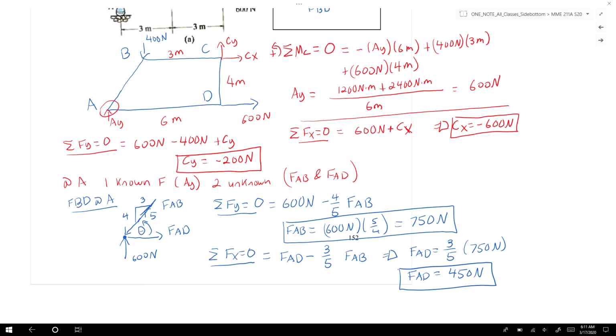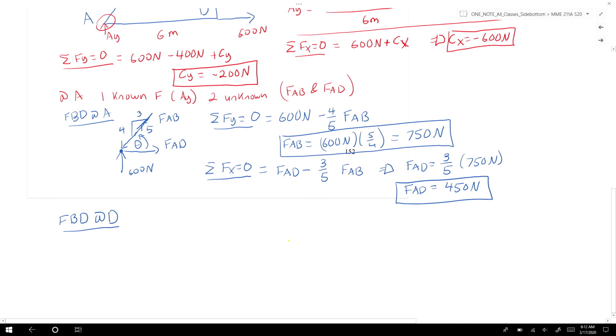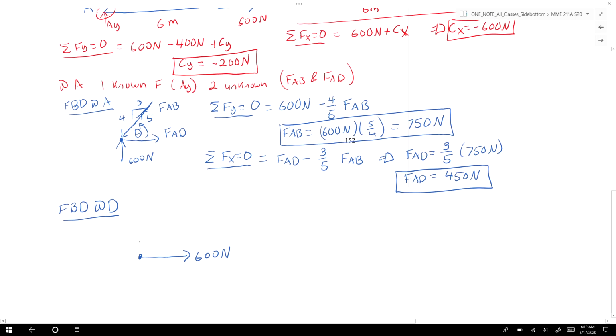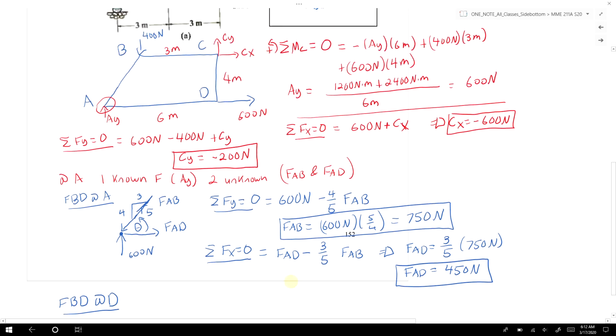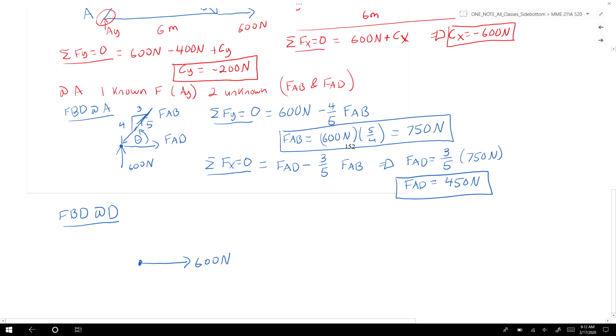So if we go to point D, we will have our 600 newton external force that's being applied at point D. We will have our force that goes from A to D here.